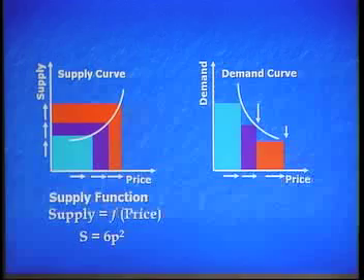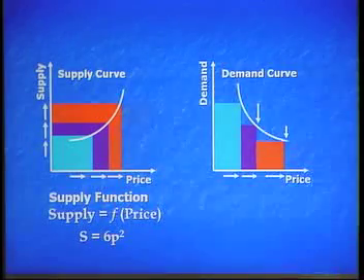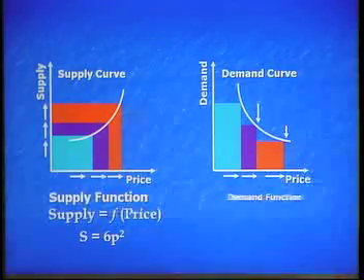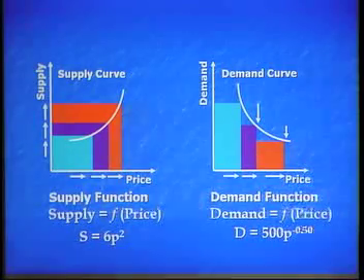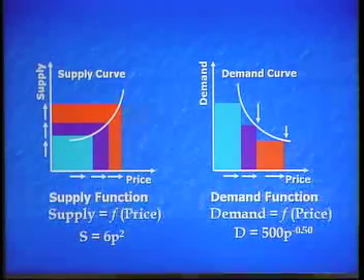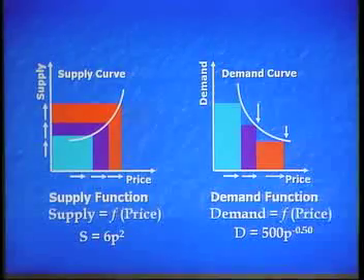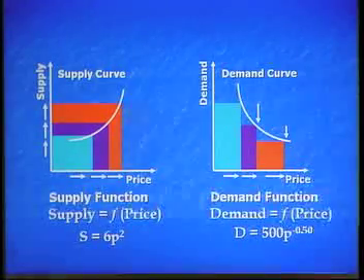When the price is increasing, the quantity of demand is decreasing, and the relationship is expressed by the demand function, where demand is a function of price. In both cases, price is the independent variable and supply and demand are the dependent variables.